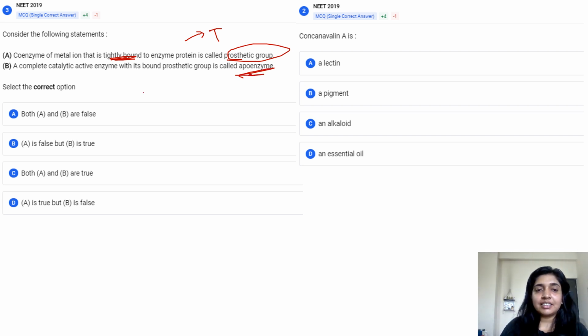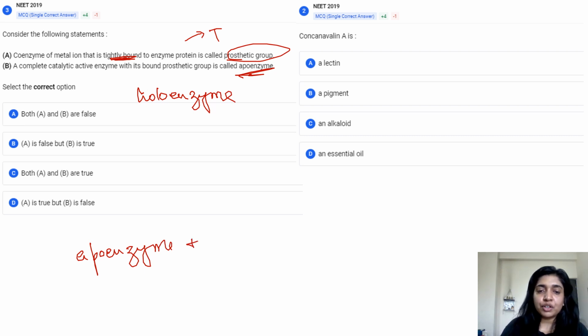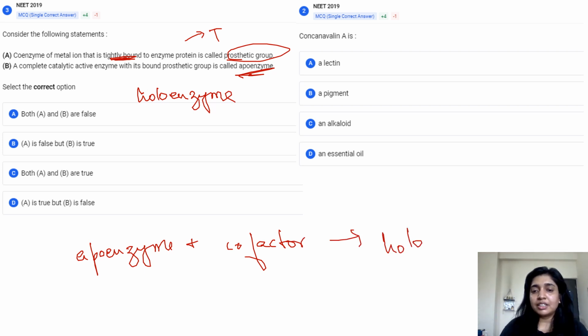Basically, a complete catalytic active enzyme is known as holoenzyme and not apoenzyme. In fact, apoenzyme is incomplete. Apoenzyme with either a prosthetic group or a cofactor or a metal ion is basically your holoenzyme or catalytically active enzyme. So statement A is true, but B is false. Concanavalin A is what? It is a lectin.